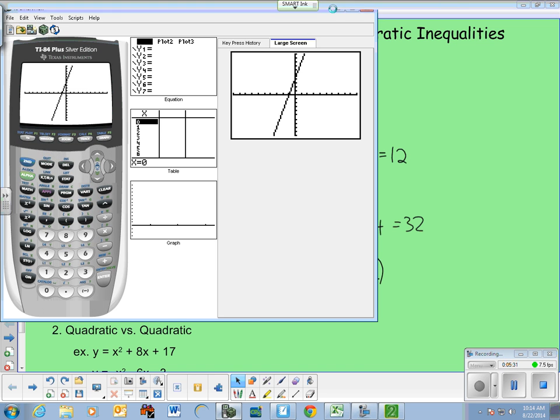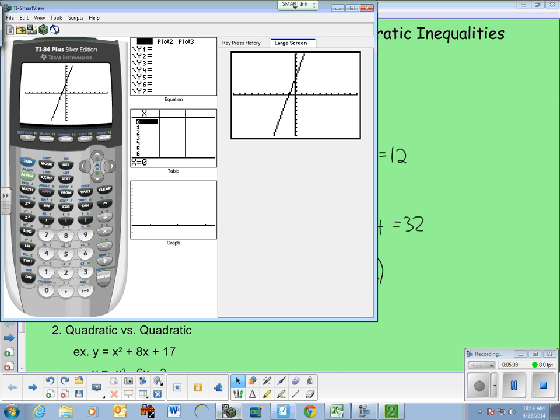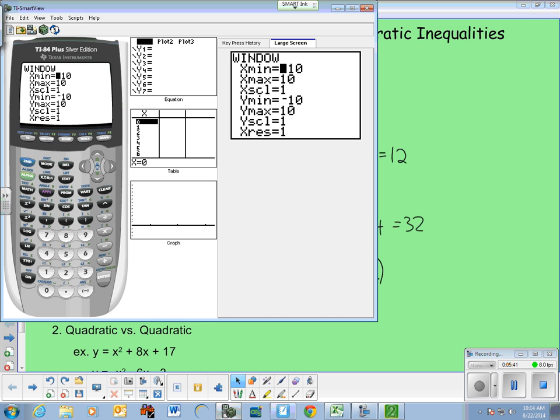If you look at where our solutions are, they're at (2, 12) and (7, 32). So basically I need to move up in my window to see where the graph is. So I'm going to go to window, and instead of y going from minus 10 to 10, I'm going to make it go from 10 to 25.